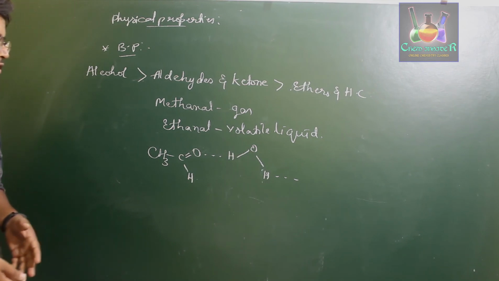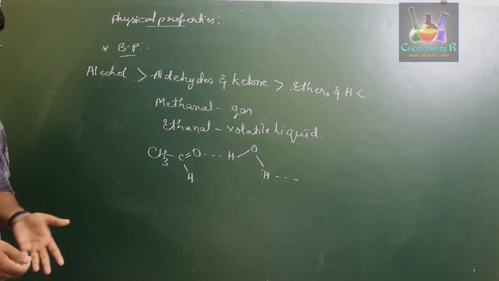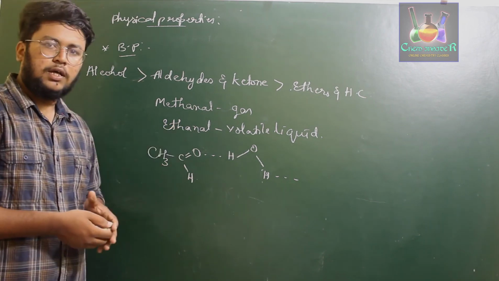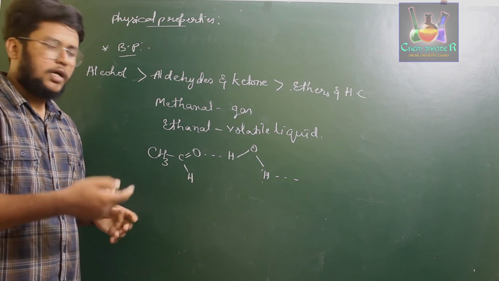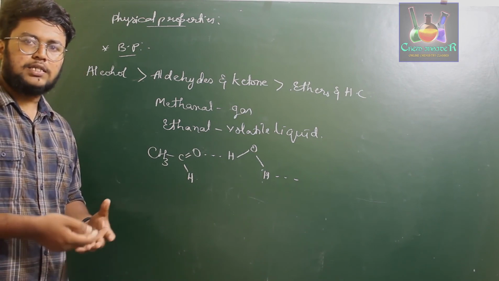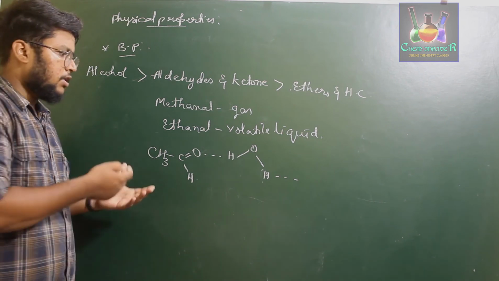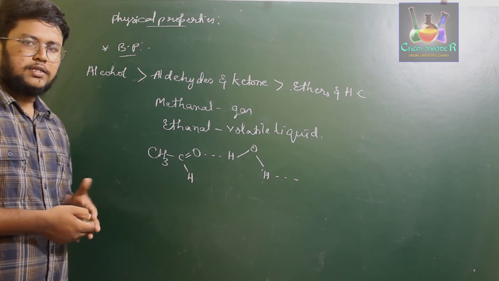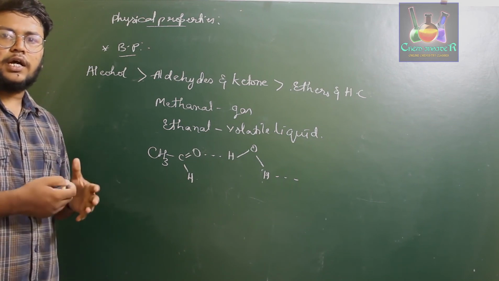In the case of both aldehydes and ketones, the primary members are somewhat soluble in water. But as the number of carbon atoms in the aldehydes and ketones increases, their solubility decreases because of the increase in the hydrophobic part.